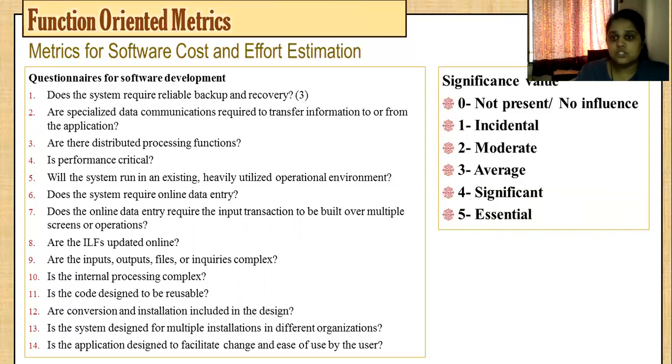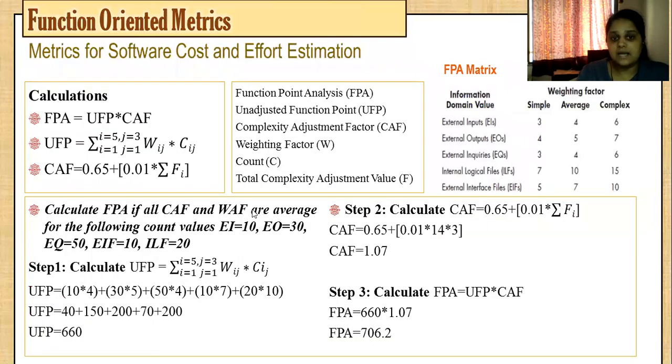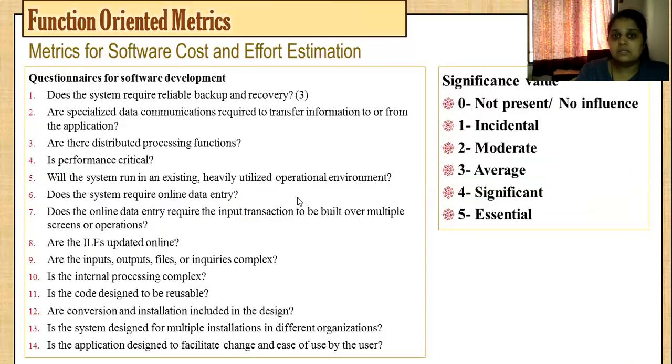So here in the question, we are told that they are all average. So that means the answer to all these 14 questions has to be 3. So I've written here number 3, which applies to all these. So 14 questions, all with significant value 3.